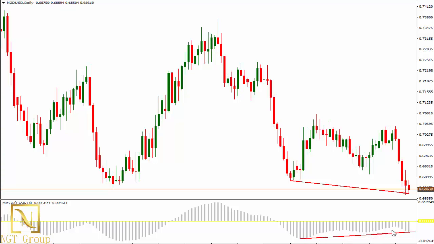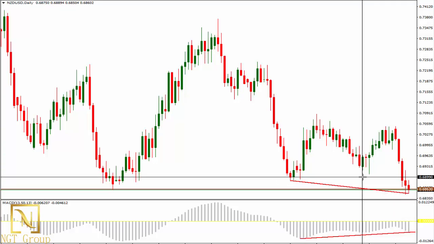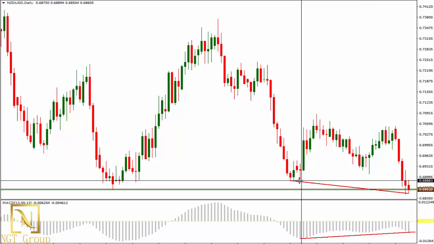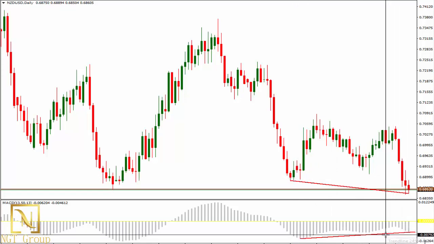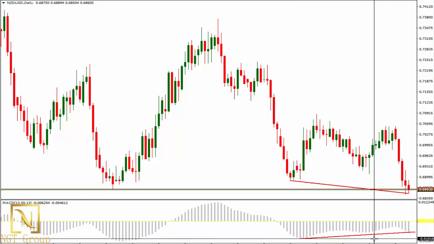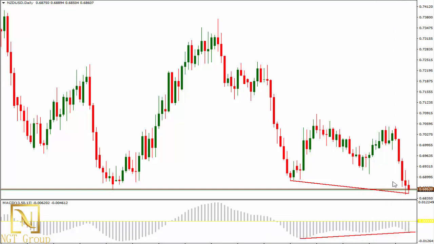The indicator shows us that this is higher than down here, when in reality, that's not true. This is lower. The price level right here is lower, as you can see. And it claims that this is what's actually happening. So you have a divergence here.